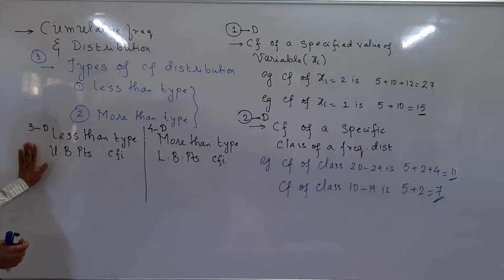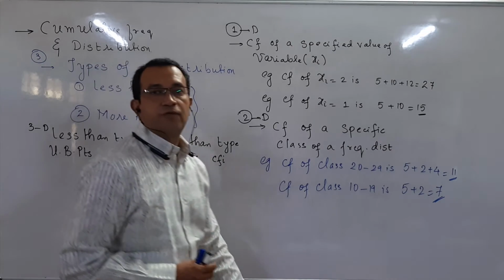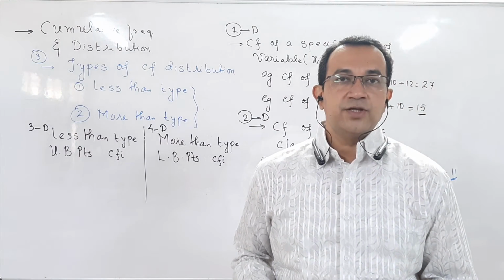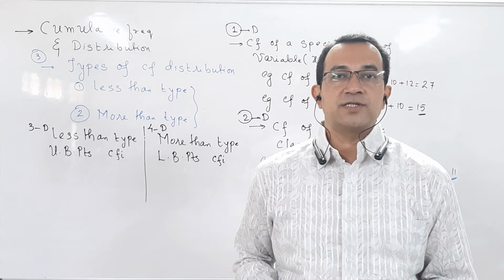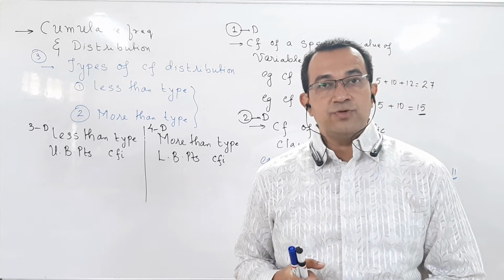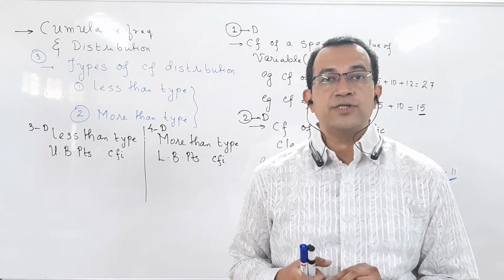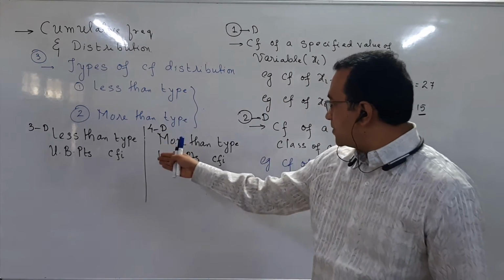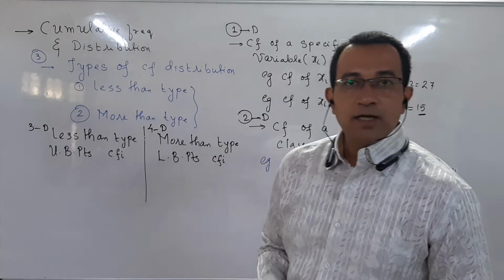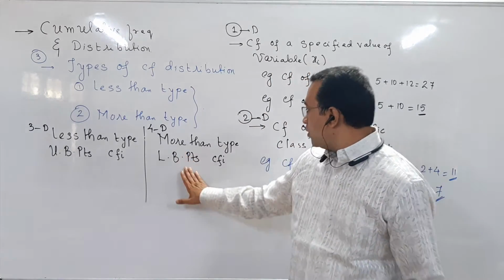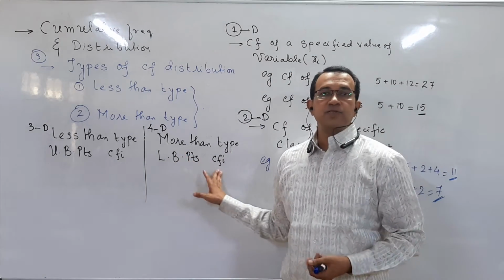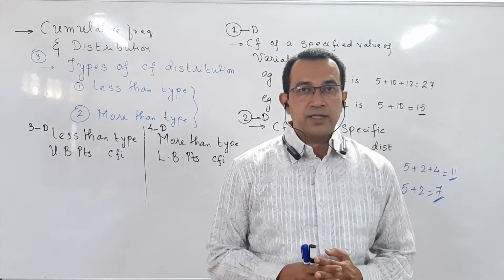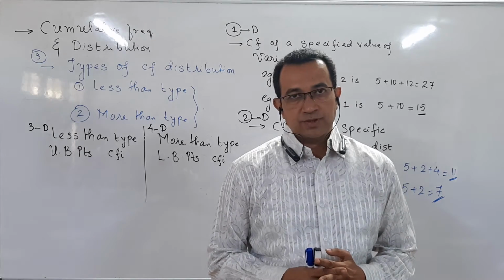So this was the third definition, students. This is the fourth definition. So once again, definition 3, less than type cumulative frequency distribution: a frequency distribution involving upper boundary points of classes and corresponding cumulative frequencies is called less than type, and more than type, a frequency distribution involving lower boundary points of classes and corresponding cumulative frequencies is called more than type cumulative frequency distribution.